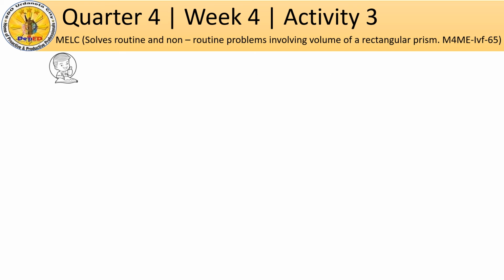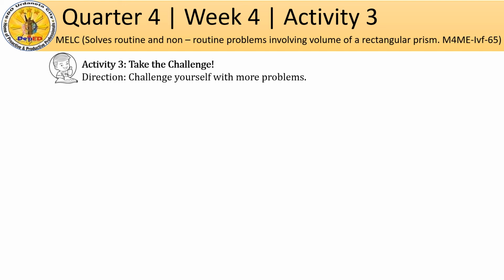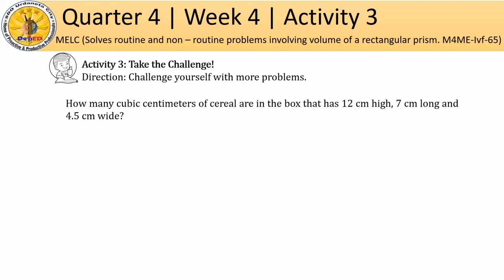For your last activity, take the challenge. Challenge yourself with more problems. How many cubic centimeters of cereal are in the box that is 12 centimeters high, 7 centimeters long, and 4.5 centimeters wide? To answer this problem, we are going to use the 4 steps method.